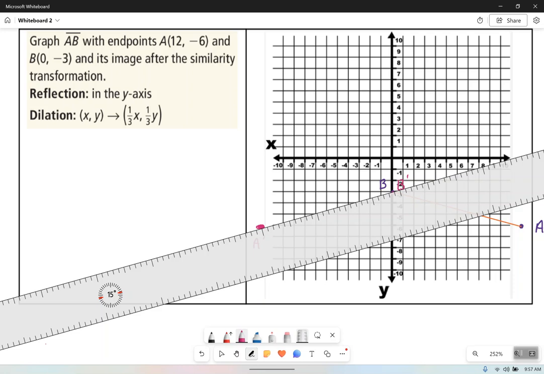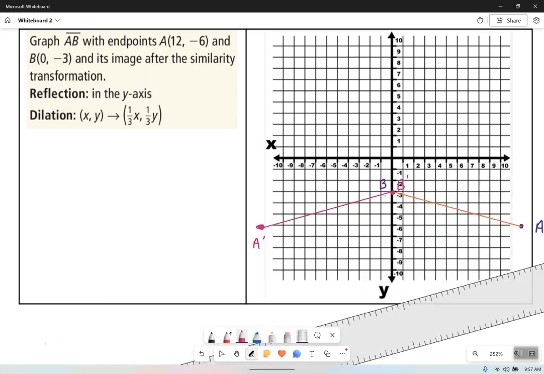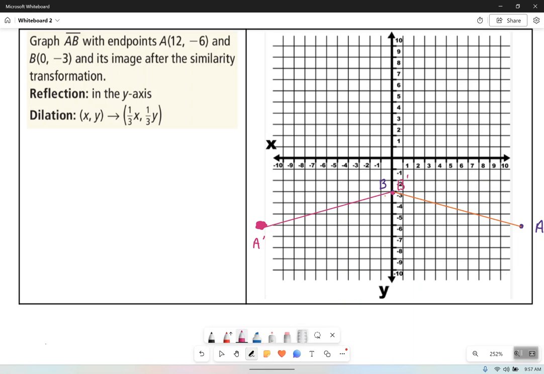Why does that look so off to me? Is it right, kids? Did they do that? I think it looks right. Maybe it should have been a little higher, maybe. I don't know. Does that look good, guys? Are you sure? Okay, so that first thing was the reflection, wasn't it, kids?